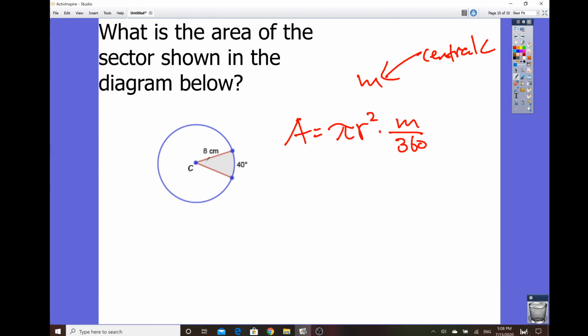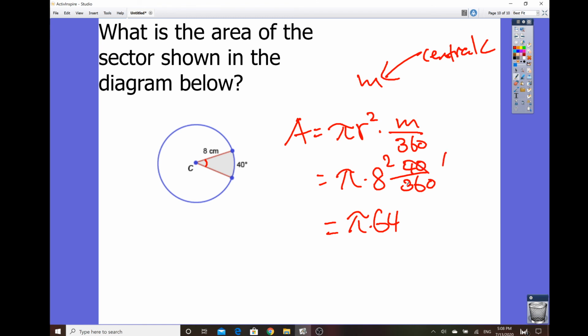One thing that we notice, the measure of the central angle is the same as the corresponding arc. So this one will be 40 over 360. So basically just like a proportionality. Once you find out partial area, just multiply by the representing fraction. So pi times the radius, 8 squared, so 8 times 8, 64 times pi, times 40 over 360.